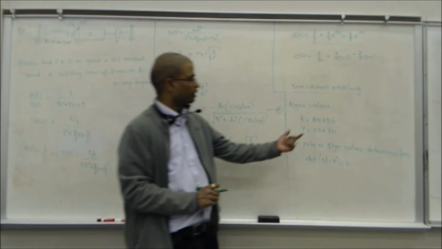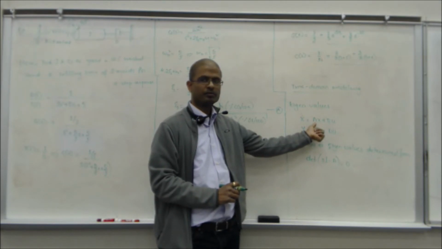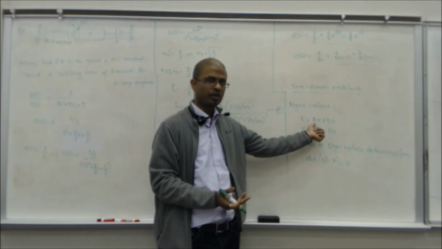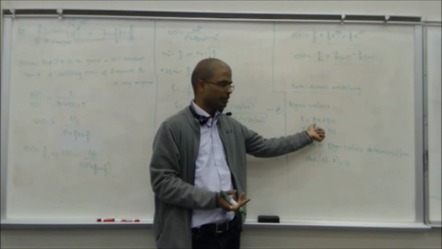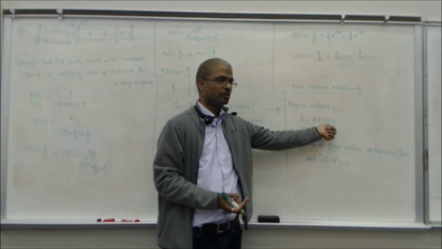If you look at this, this is the system matrix, right? And the poles should reside in this, because poles are part of the system. They cannot reside in this, because this is the control matrix.